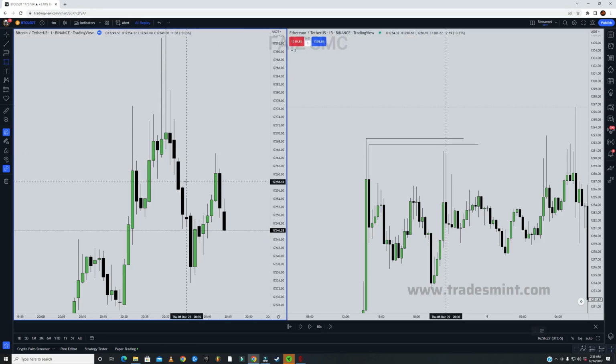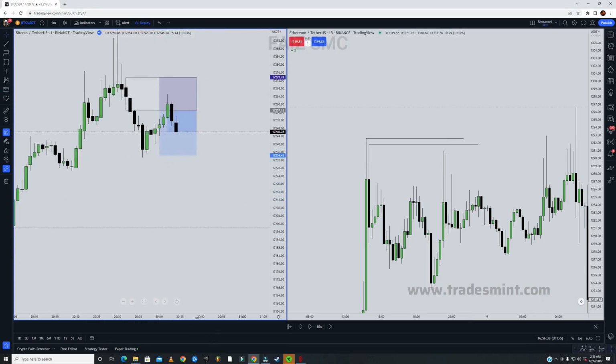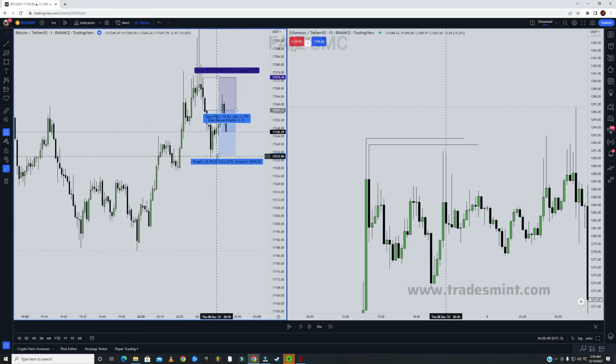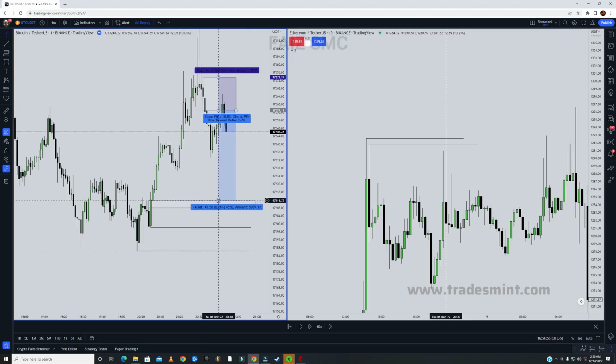The extreme fair value gap is around here, you can see, and I can use this whole candle as my stop loss. I will put my stop here, and I can look to target maybe this fair value gap here, or I could target this low here as well, or this low here as well.